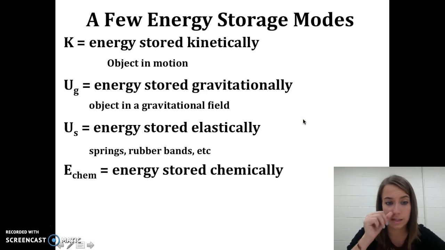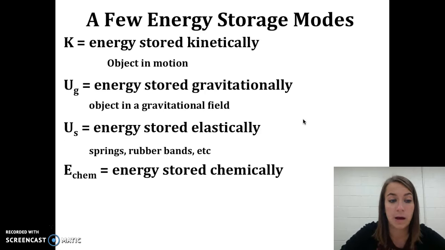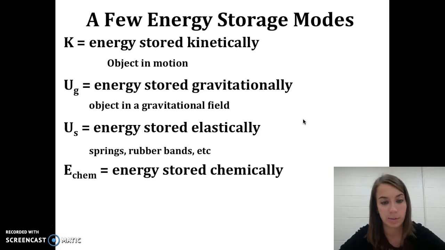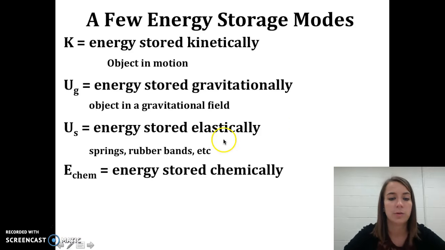The next one is EChem. So this is chemical energy that is stored within a system. So you can think about this being stored in bonds within molecules, or if you think about, how would I have energy stored within my body? Well, I have chemical energy stored in my body. I ate breakfast this morning, and so I have energy stored chemically within the molecular bonds in my body.